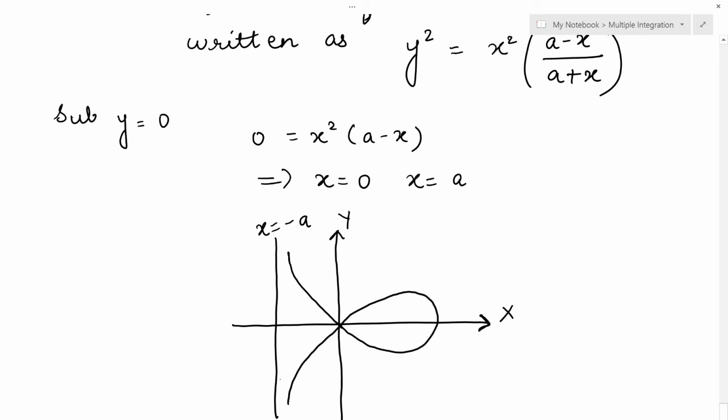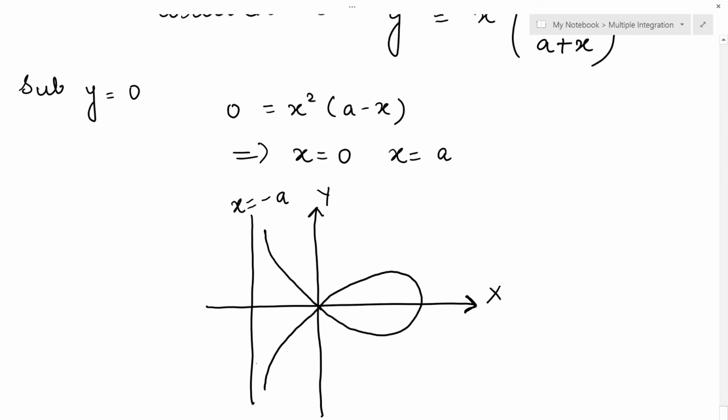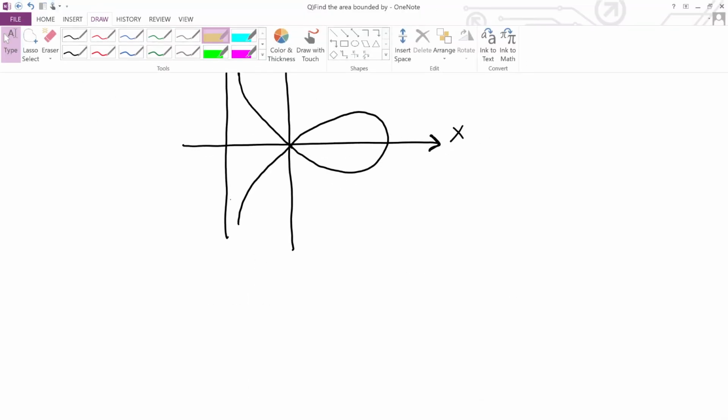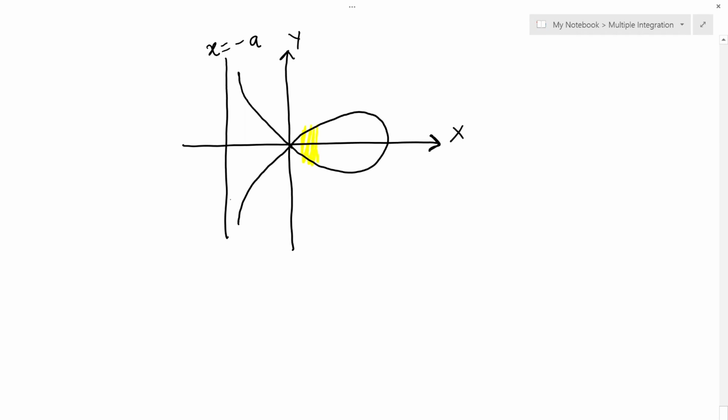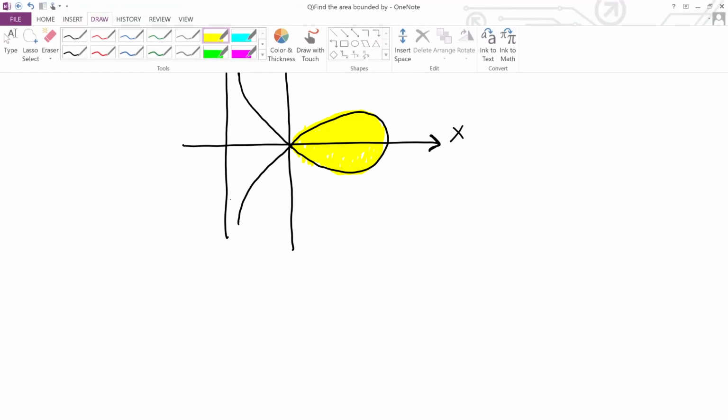Since it is symmetric to the x-axis, and you have to find the area of the loop, again by using the same logic we can multiply this by 2. This is the whole thing that you have to find the area of. So finding the area of this curve, that will be 2 into the upper part, right?